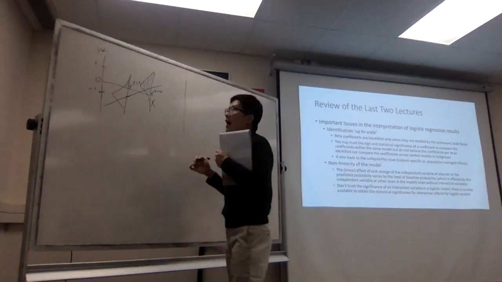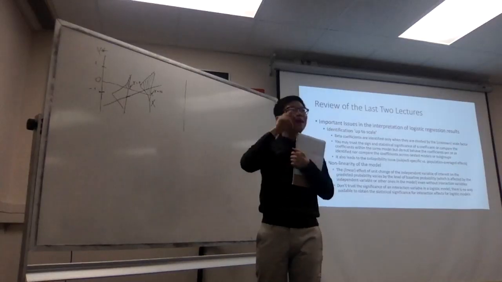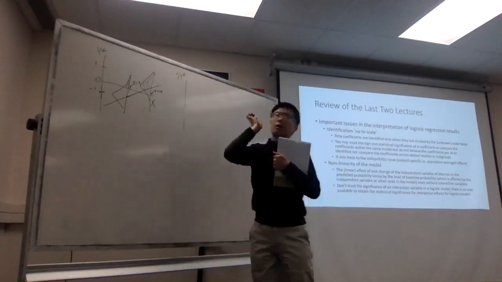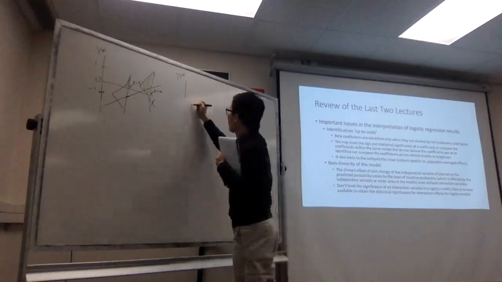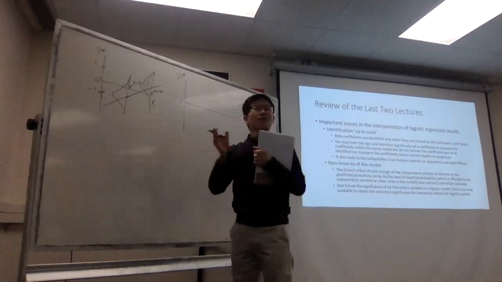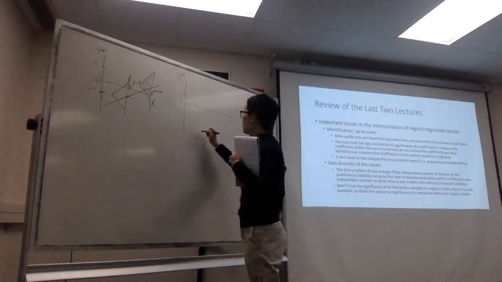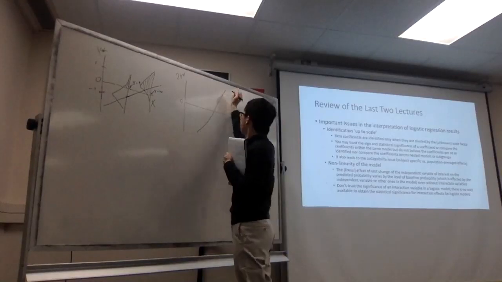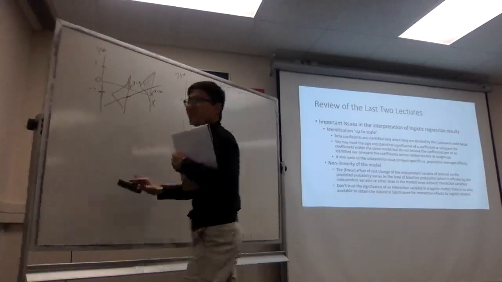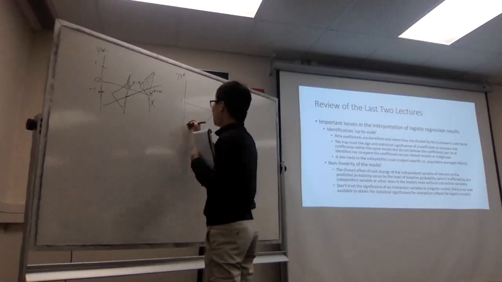Does that make sense? So let's say we multiplied y asterisk by 2. And if that's the case, regression slope will increase by 2 times. Oh shoot, sorry, I'm not a good artist.